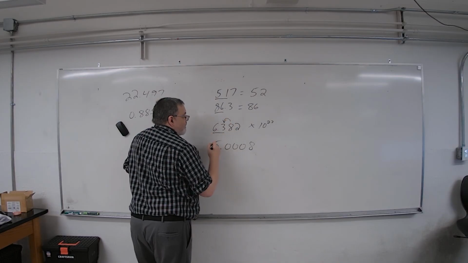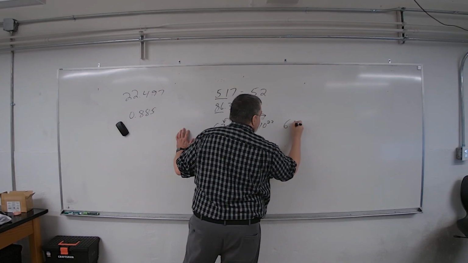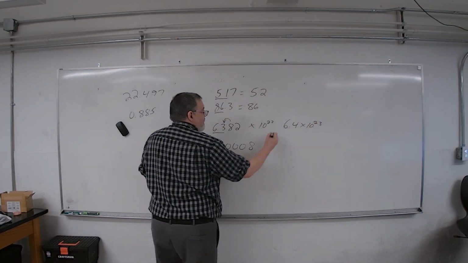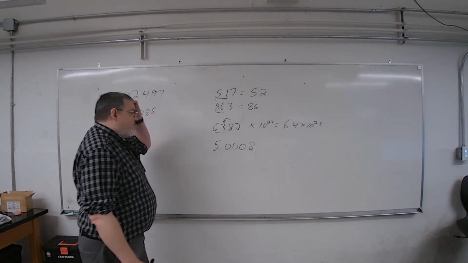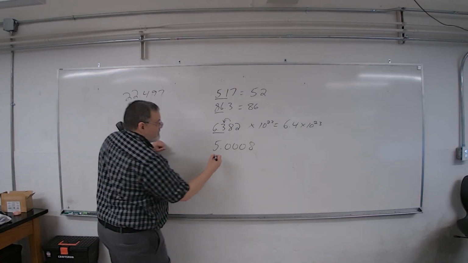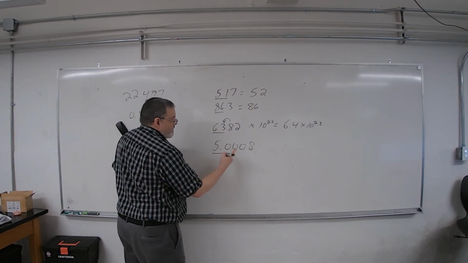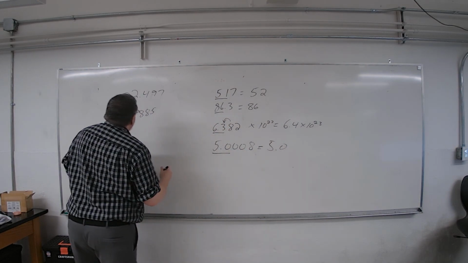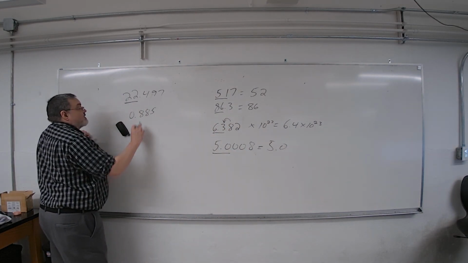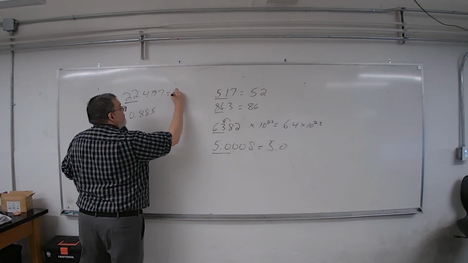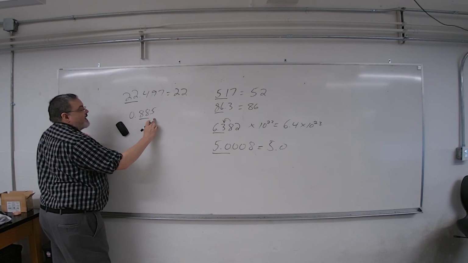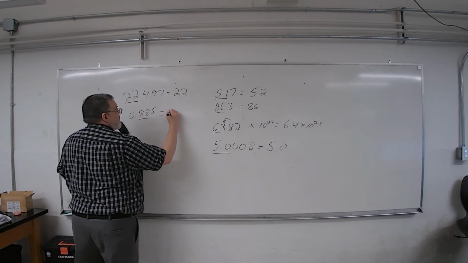The 8 rounds the 3 to a 4, so 6.4 times 10 to the 23. The next one, 2 significant digits. The 0 does not round to 0, so this is 5.0. There's 2 significant digits. The 4 does not round to 2, so 22 is the answer. There's 2 significant figures. The 5 does round to 8, so we have to go 0.89.